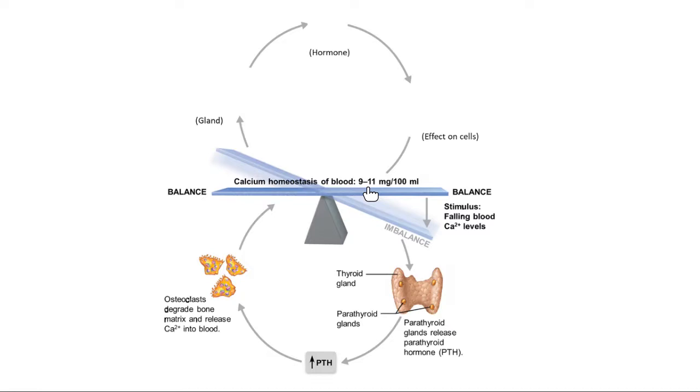It's going to be hard for me to tell my muscle cells to contract. It's going to be hard for my neurons to talk to each other. So I do need to make sure that I have enough calcium in the bloodstream, which is why if it gets too low, my body is willing to sacrifice some of what it's stored in the bone tissue to get that calcium level up to what it needs to be.